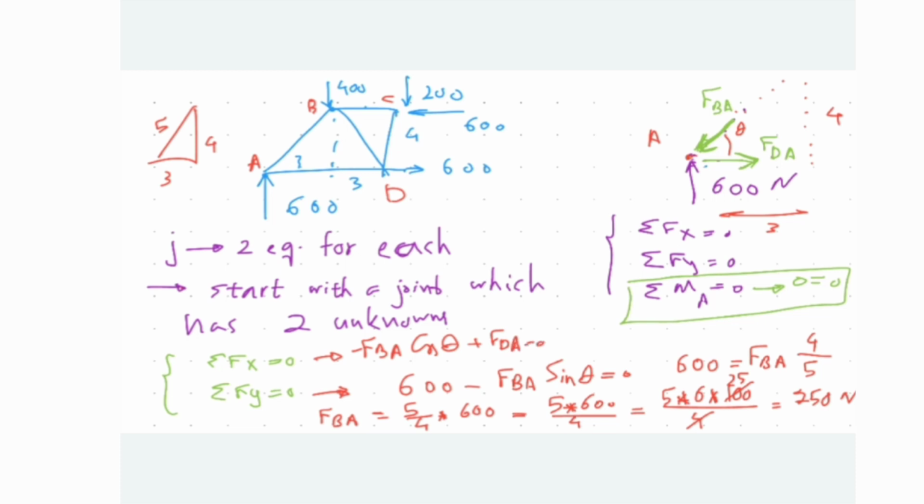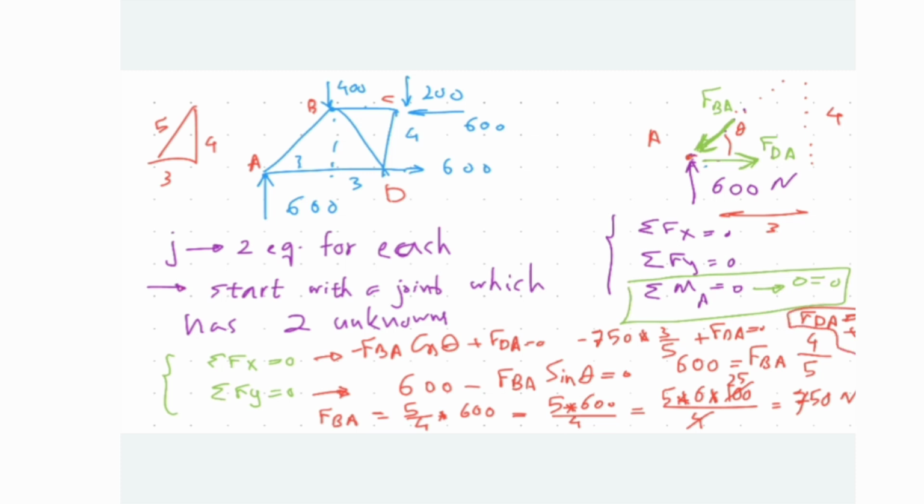If you do this, that would be 750 times 3 over 5 plus FDA equal to 0, and FDA would be positive. Give me a second to do this with my calculator: 750 times 3 over 5, that would be 450 newtons.